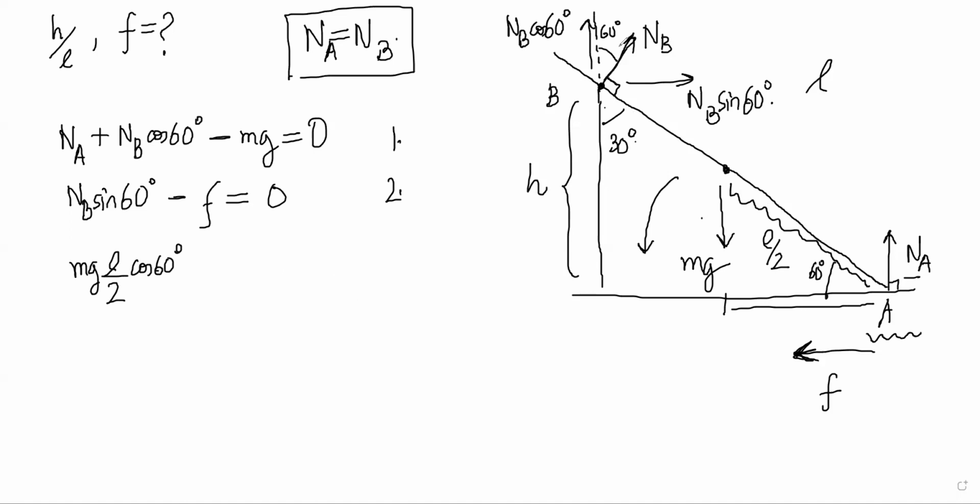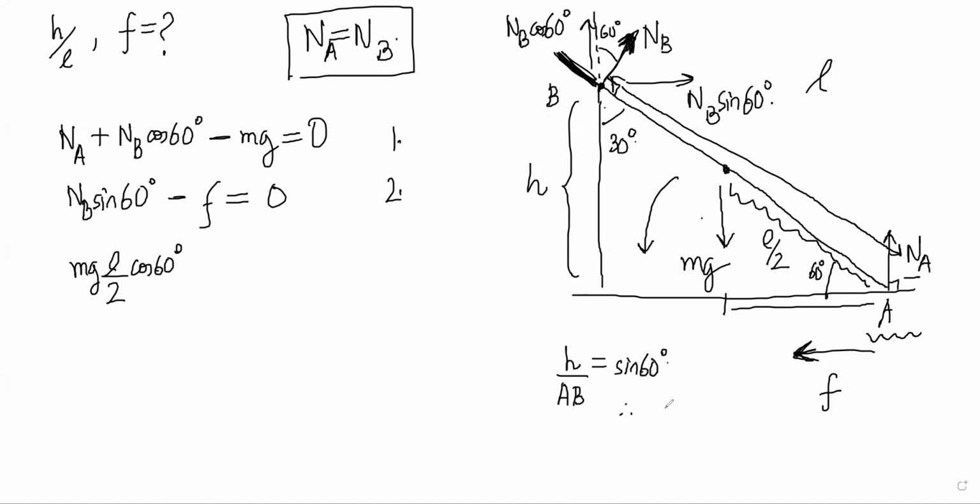And then there will be torque due to the force NB, which is perpendicular to the line joining. So we will say that, what is the length of this much, right? Notice that it is not L, because it was slightly extended above here. So this length, basically the length AB, is going to be H by sin 60.